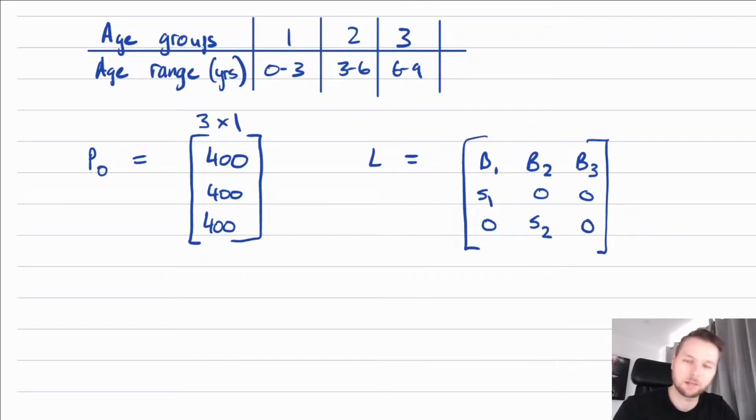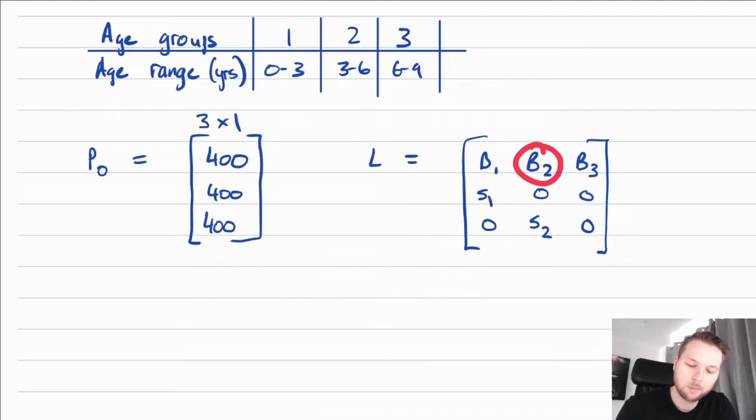Now, let me just explain that for a second. The B's stand for birth rates. So B1 would stand for the birth rate of the age range from 0 to 3 years. This B1 directly relates to this age group 1, and it would be the birth rate of this age range.